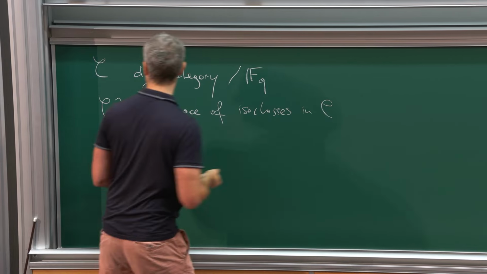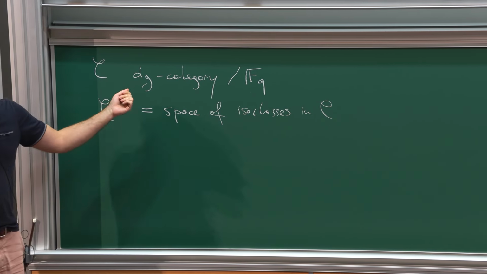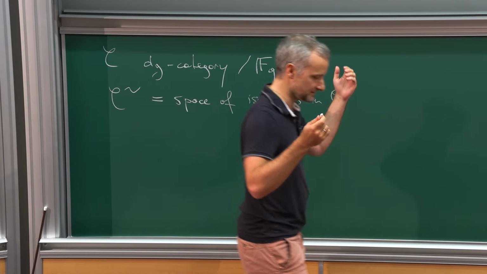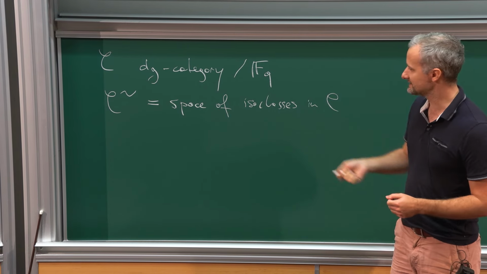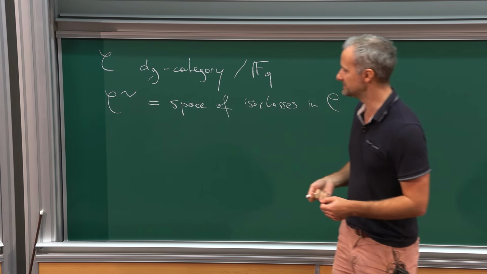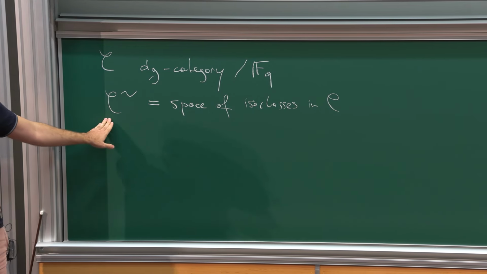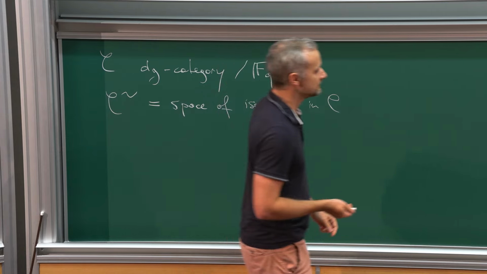Technically, if you want to write it down, you take the DG nerve of C, which is a simplicial set, which you can think of as an infinity 1 category, and then you take the maximal Kan complex inside that, meaning the infinity groupoid, and that's this space here. But I'm not going to care about the space itself, only what its homotopy groups are.